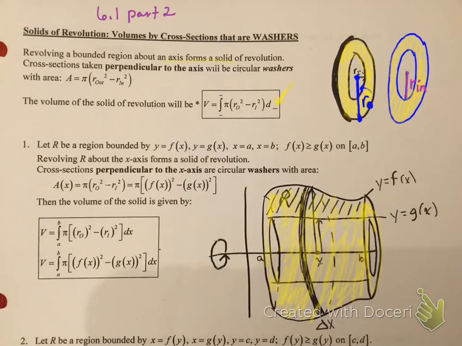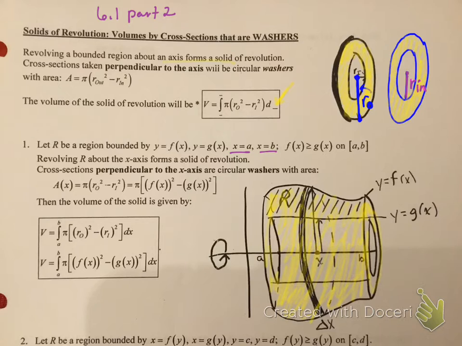So we go on to state that let R be a region bounded by y equals f of x, y equals g of x, where x equals a to x equals b. Okay, so that's going to be your lower and upper limit. And f of x has to be greater than or equal to g of x, because remember, we have a washer that's going to develop, so it has to be that way on the interval from a to b.